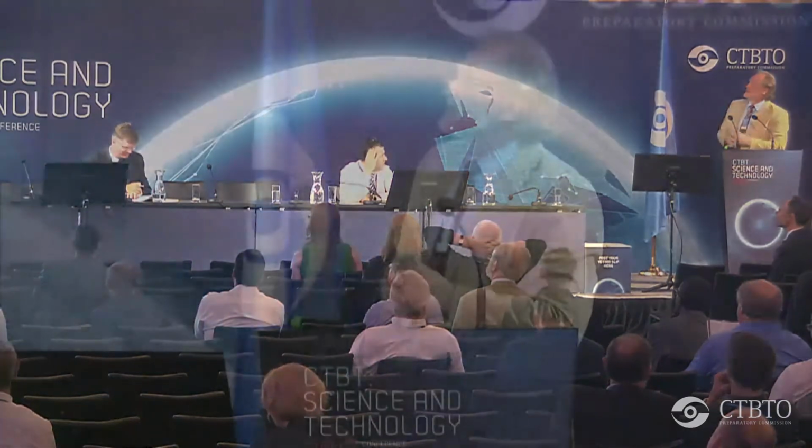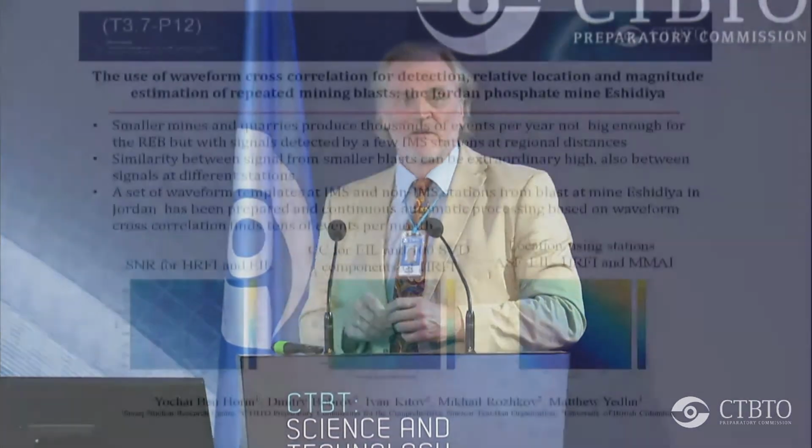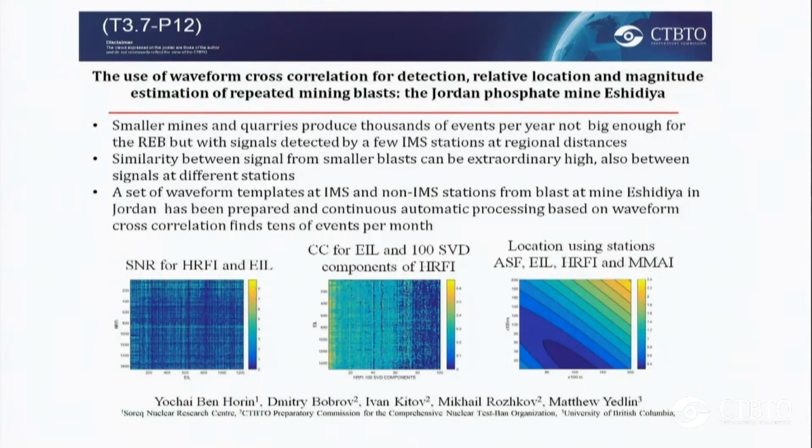So this is about the waveform cross-correlation again, and now it uses the data not only from IMS stations, auxiliary IMS stations, but also from the stations from Sorek, from Israel. So they merge data and relocate events in phosphate mine in Jordan.